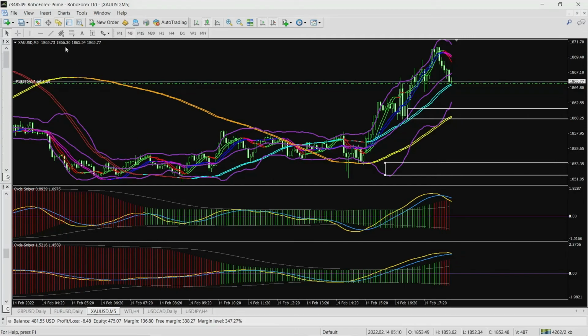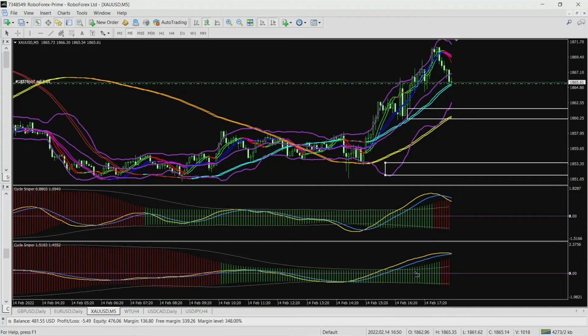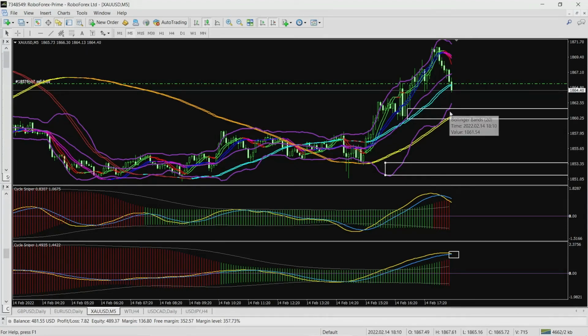We are close to breakout. Look at the set 2 of cycle sniper. Set 2. We are very close. Here we go. Here we go.